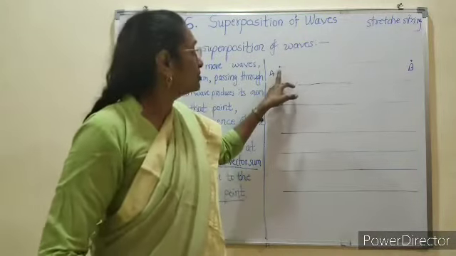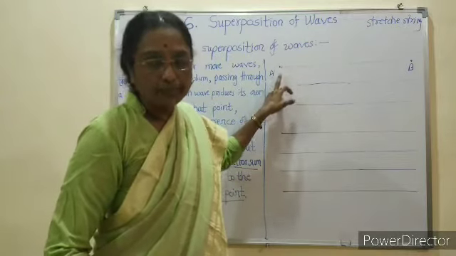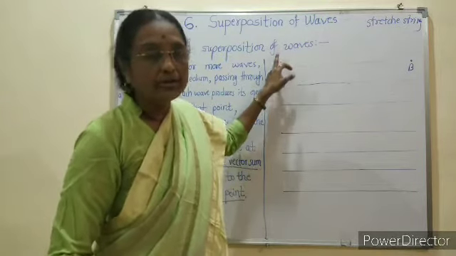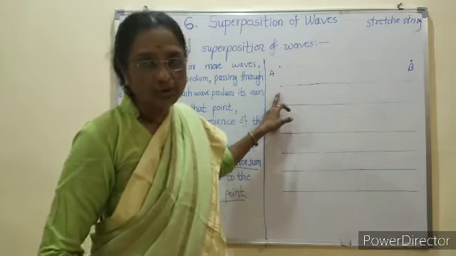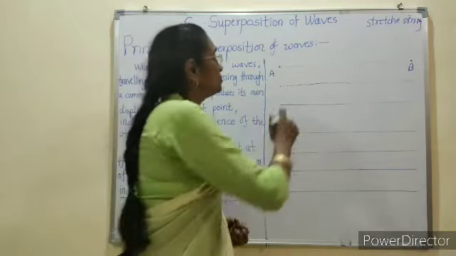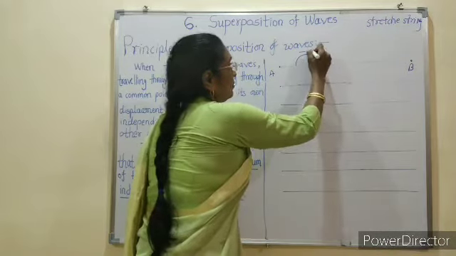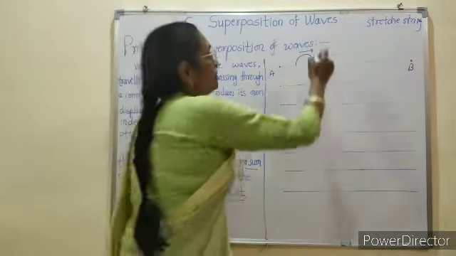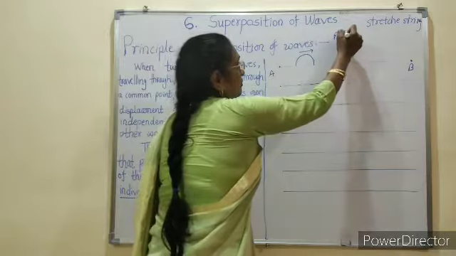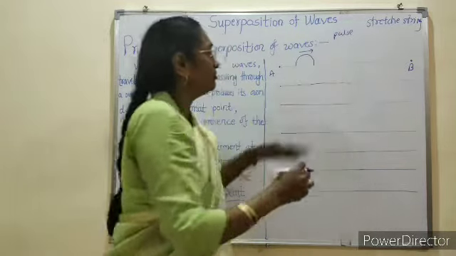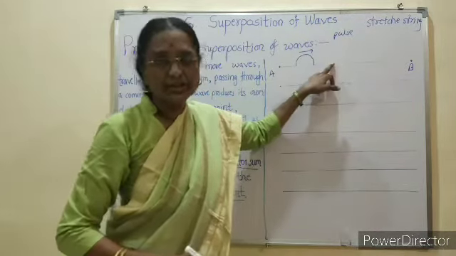Now, if the person at point A vibrates the string up and down and produces a crest here, or a pulse here, that pulse is traveling in this direction.